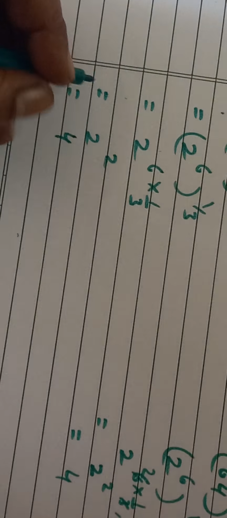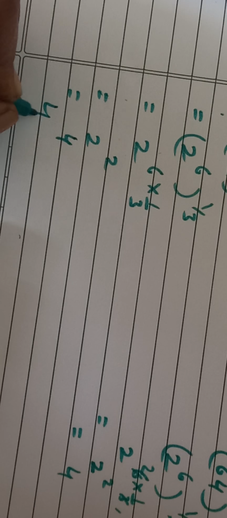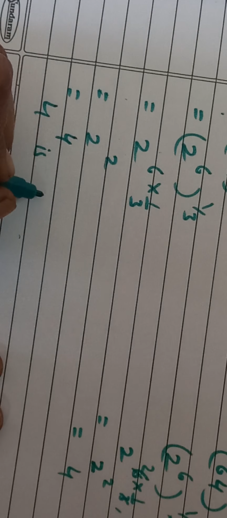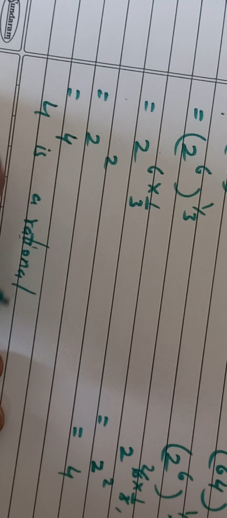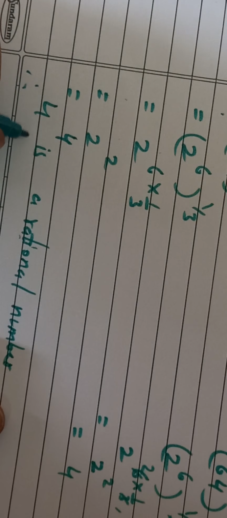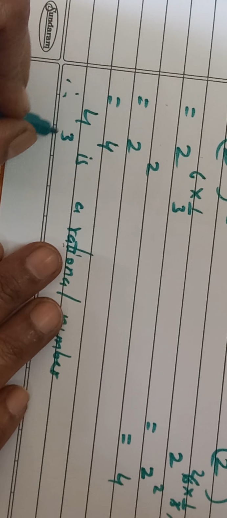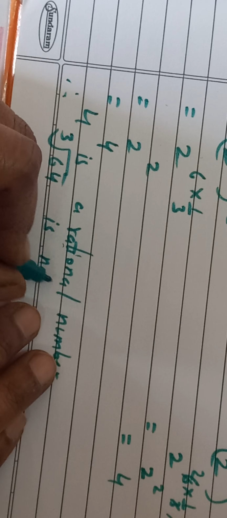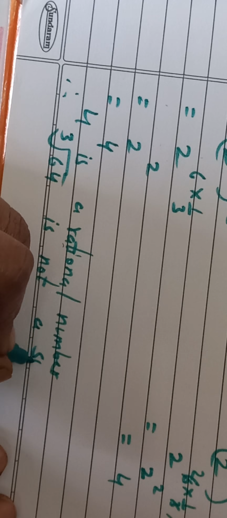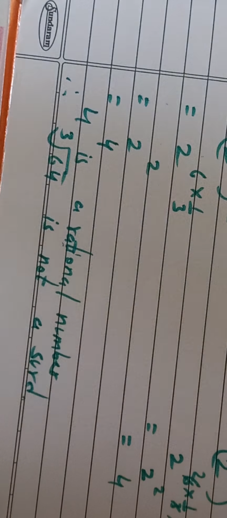Okay, so what we will write? 4 is a rational number. Therefore, cube root of 64 is not a surd. This way you have to solve.